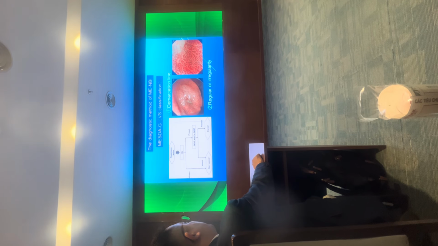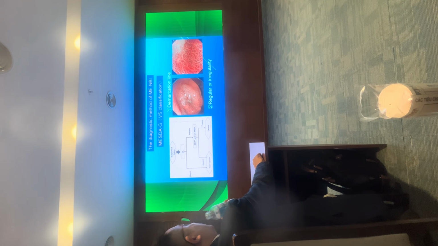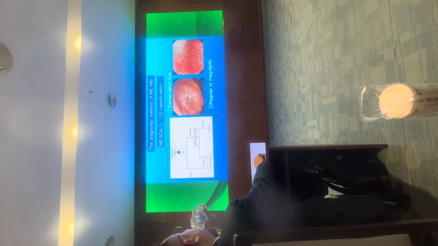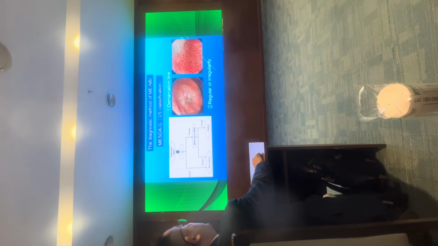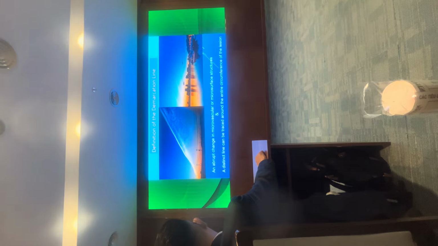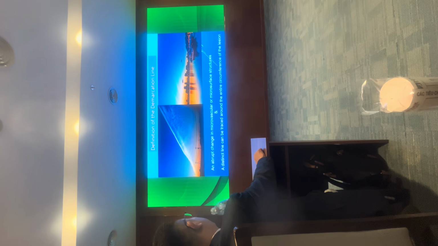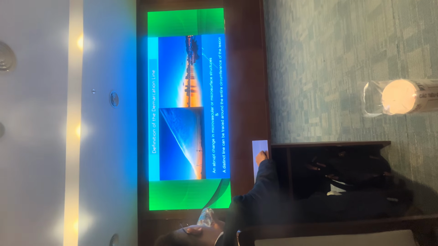And if the demarcation line is positive, next we assess the microvascular pattern and microsurface pattern. This slide shows the definition of the demarcation line. A demarcation line is defined as an abrupt change in microvascular or microsurface structures, where a distinct line can be traced around the entire circumference of the region.